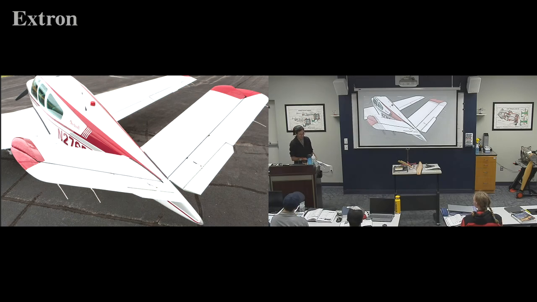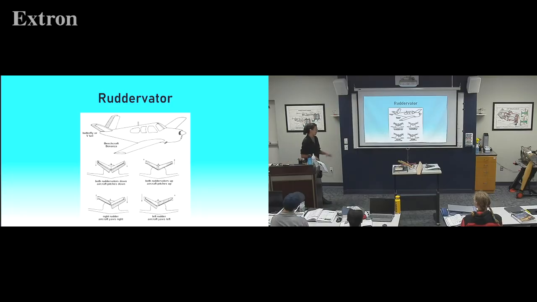But it is rudder and elevator combined. And you don't have to memorize this, but both down, pitch the aircraft down, both up, pitches up. Right ruddervator, then you go right, left ruddervator, go left. That's how it's controlled.